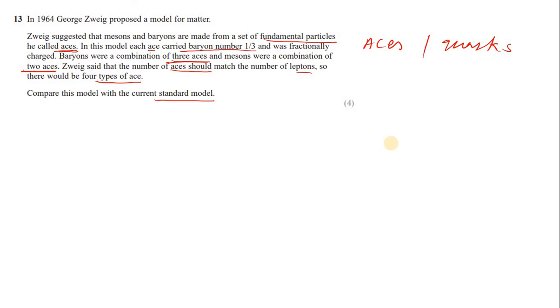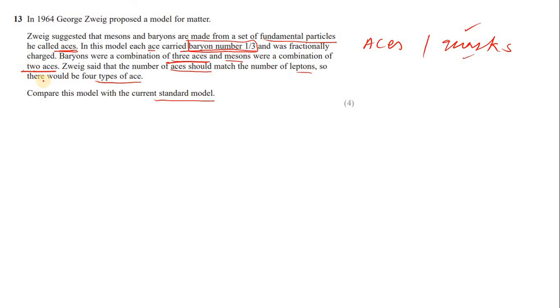And of course, Zweig said that each ace has a baryon number of 1/3. Similarly, each quark has a baryon number of 1/3. So these are some similarities between these two models. But when Zweig defined the formation of mesons, he just said a combination of aces, with no differentiation between different types of aces.